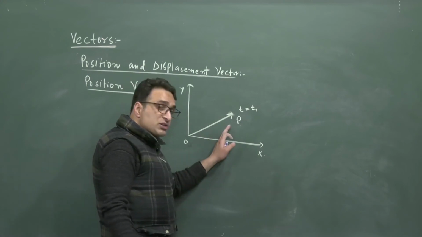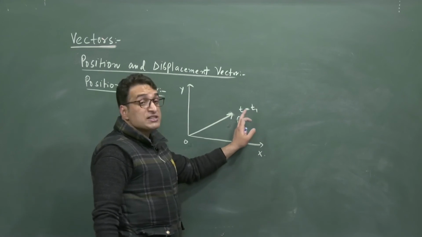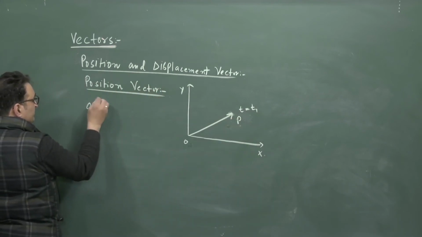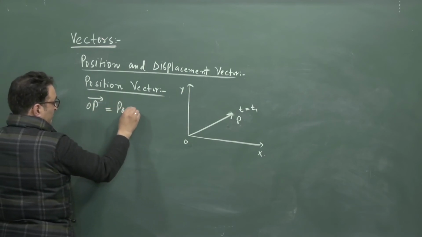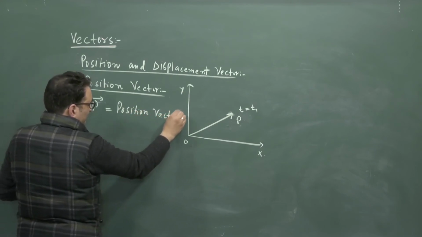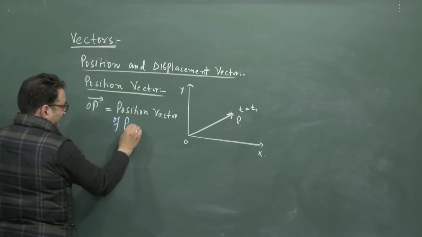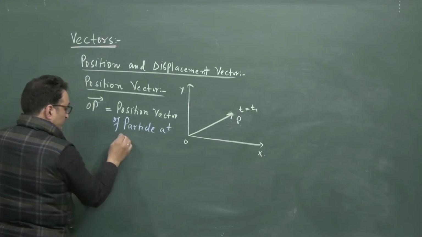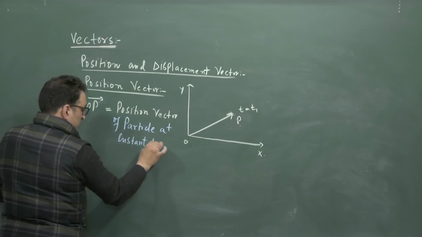OP is known as the position vector of the particle at an instant t equals t1. Therefore, I can simply write OP is equal to the position vector of the particle at instant t equals t1.